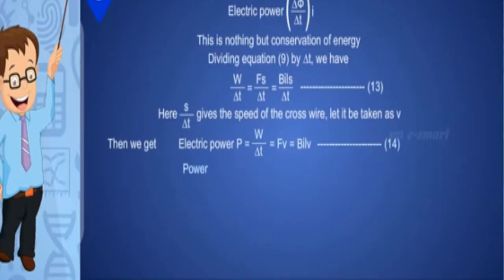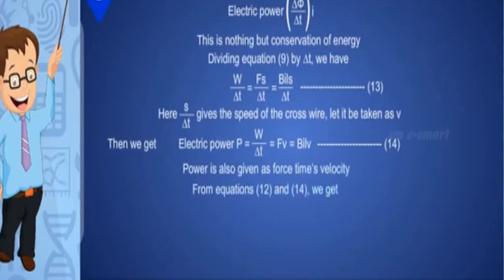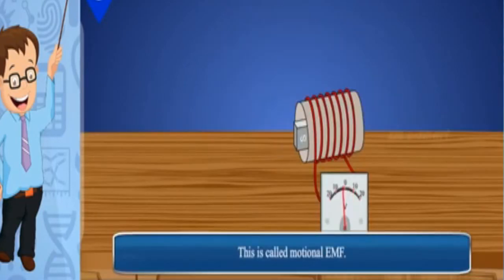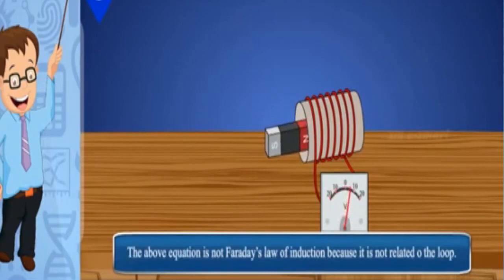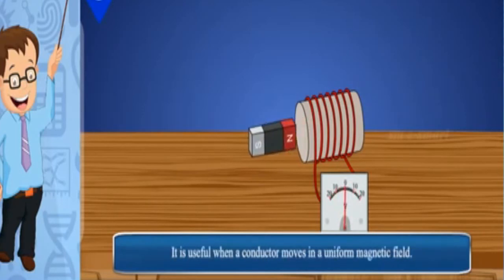Power is also given as force times velocity. From equations 12 and 14, we get W by delta t equals epsilon I. Epsilon I equals BIlv. We get epsilon equals Blv. This is called motional EMF. The above equation is not Faraday's law of induction because it is not related to the loop. It is useful when a conductor moves in a uniform magnetic field.